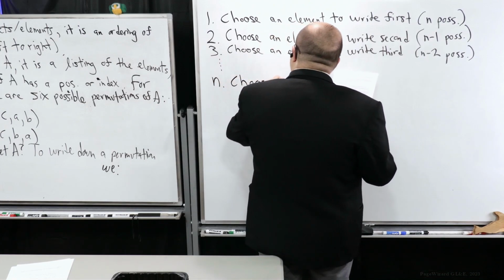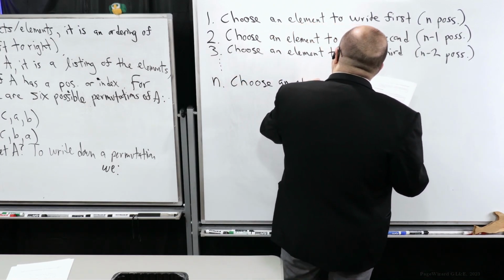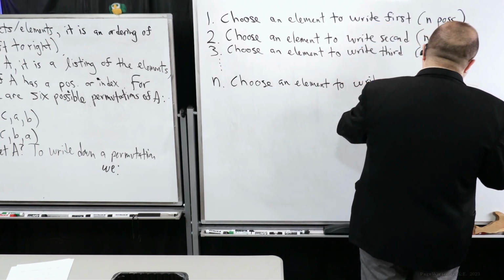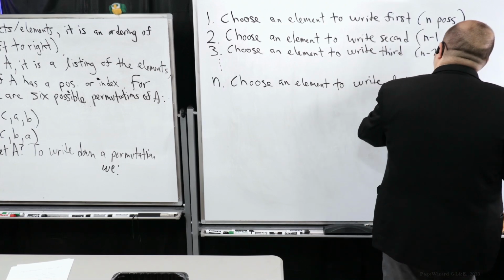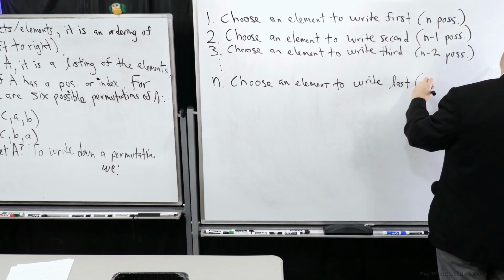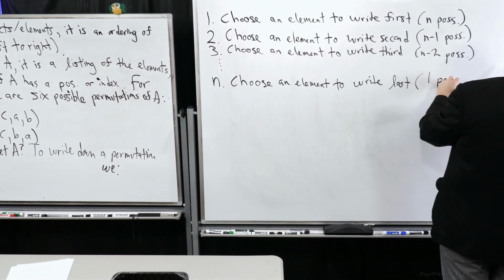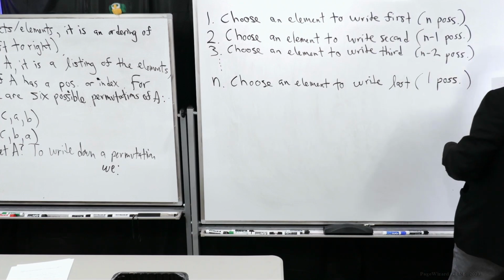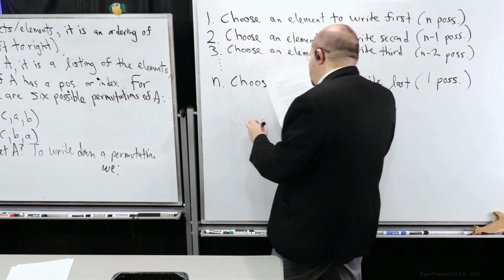So we choose an element to write last. And in this case, we force the very last position. That's something rather helpful to remember, is that the last position always gets forced. So there's one possibility in this case.